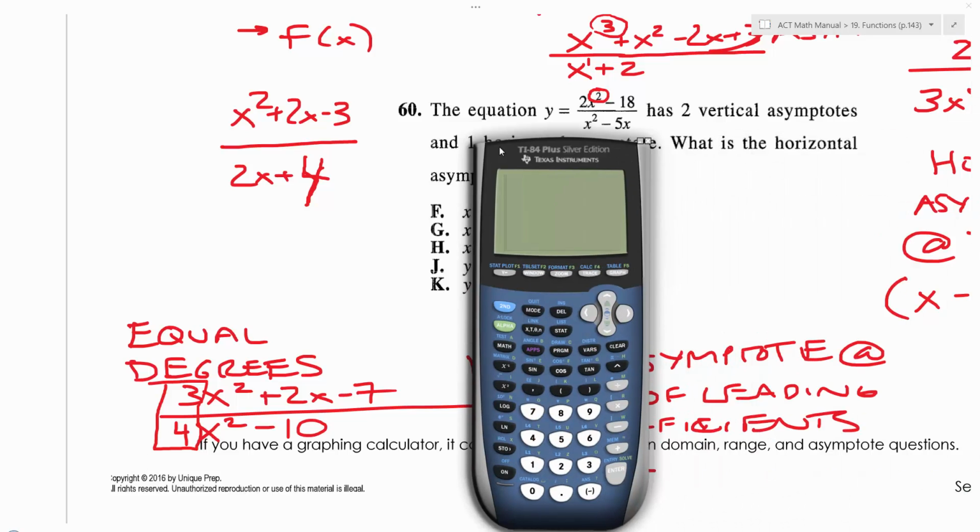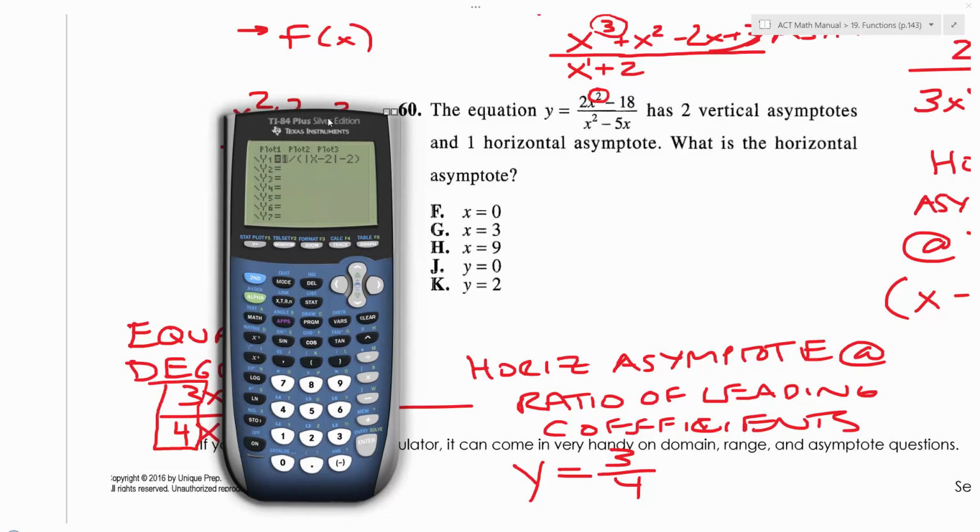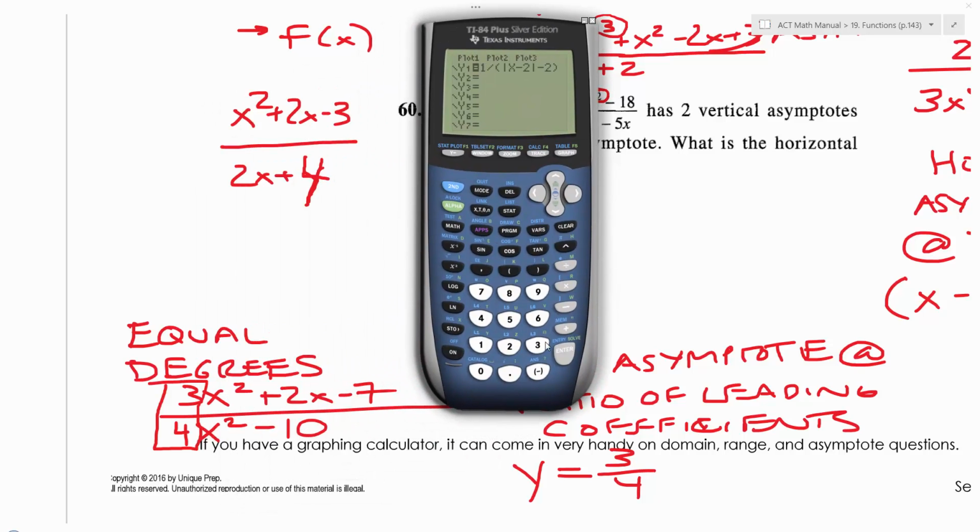Now, just so you can see how this works with the calculator, because you actually can use your calculator for some questions like this. So I'm going to type in 3x squared plus 2x minus 7, the function that I just gave.